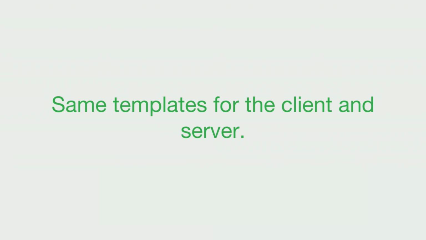So I wanted to touch on isomorphic frameworks. This is a bit of the bleeding edge, and the idea here is that you would have the same templates, the same routing on a server and on a single page app.